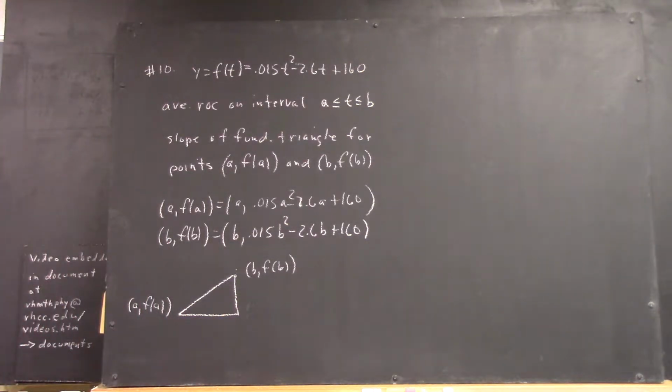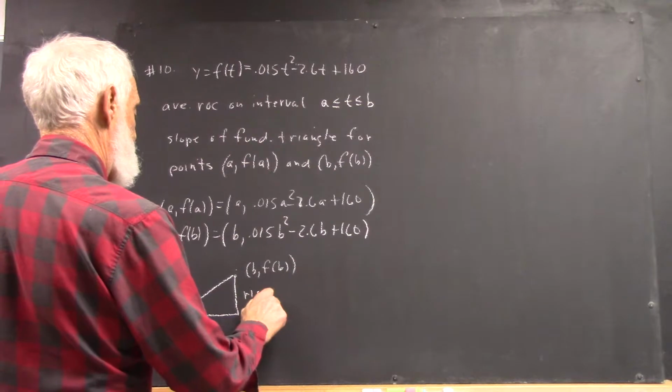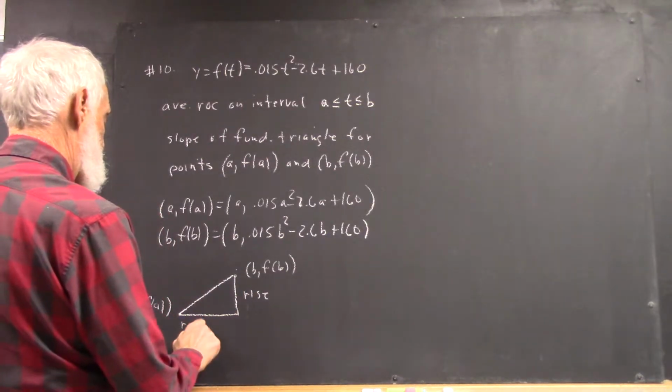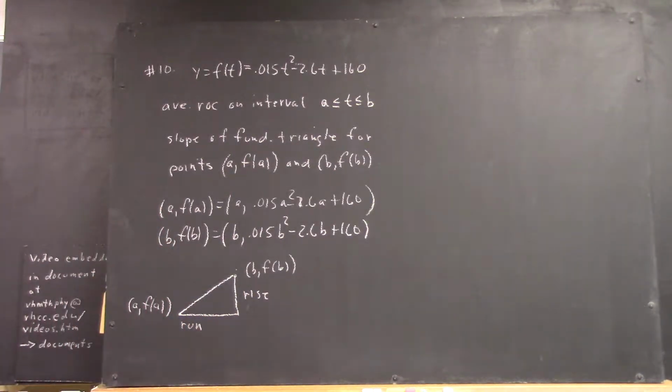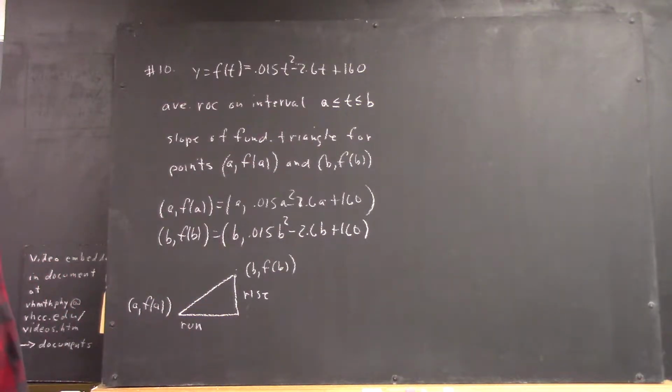Okay? Now, what's the rise and what's the run? Well, the run goes from what value of t to what value of t? What symbols are we going to look at for the run?